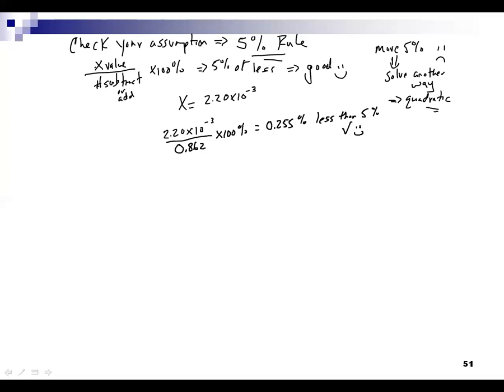Now, you could also do it for the other value that's there. You could technically take your x value and divide it by our other number, and check both of them if you like.